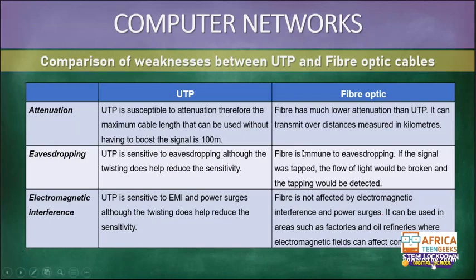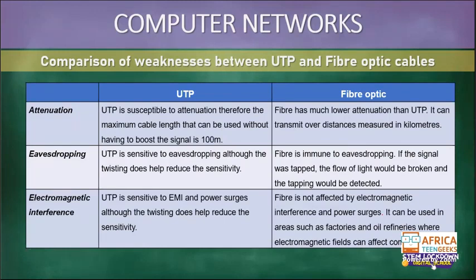Then fiber is immune to eavesdropping. If the signal was tapped, the flow of light would be broken and the tapping would be detected. So for instance, for the UTP cables, someone can go and cut the cables and connect their device there. That's how they can steal information from the network.